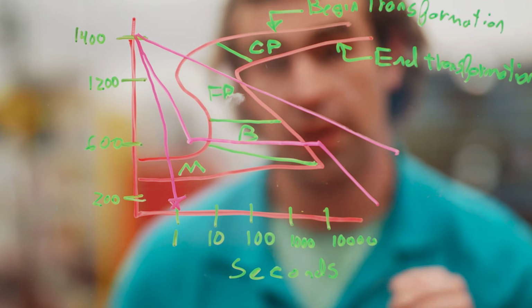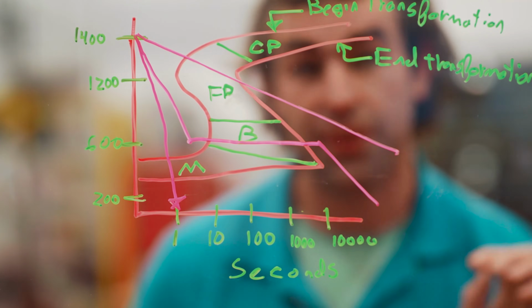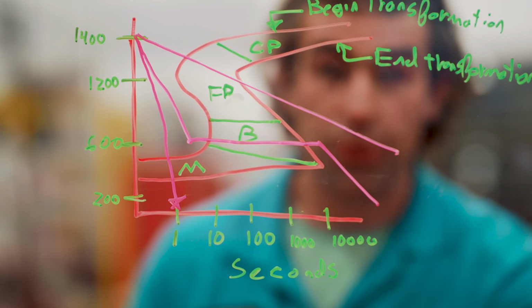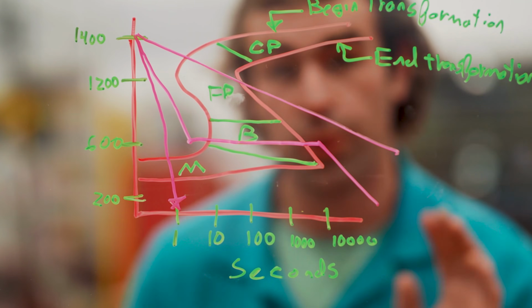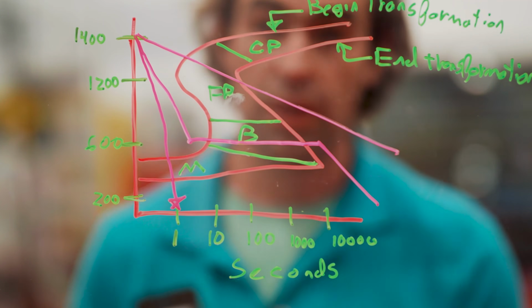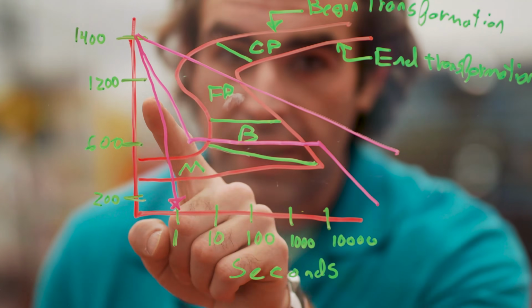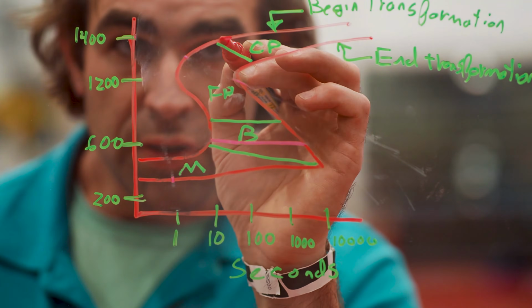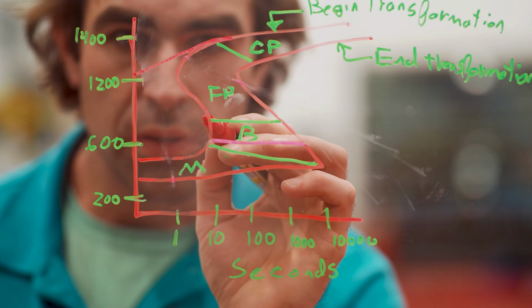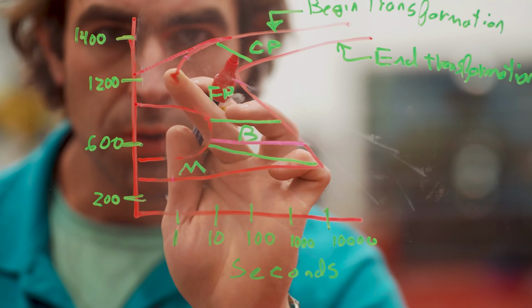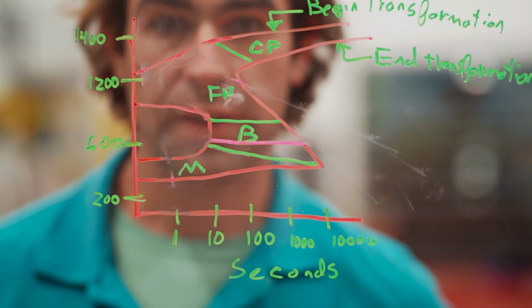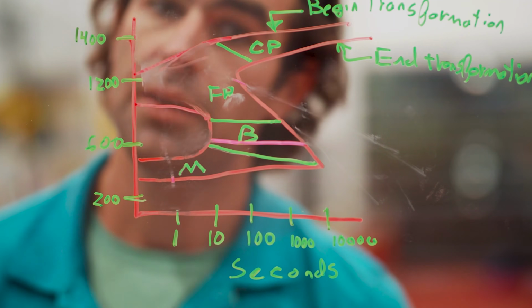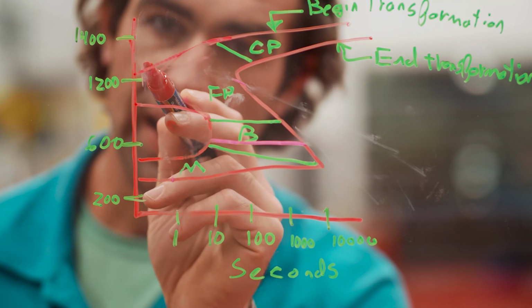Now, every composition of steel has a different isothermal transformation diagram. Some steels will have no gap right here. If the diagram looks like this, we can't get martensite because the line has to go down.